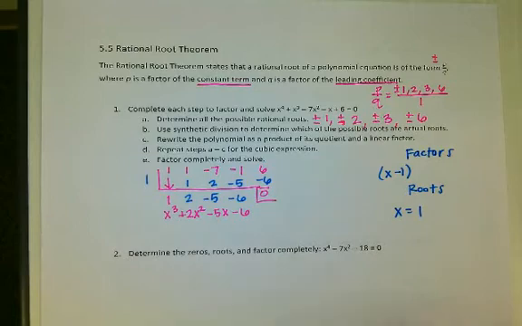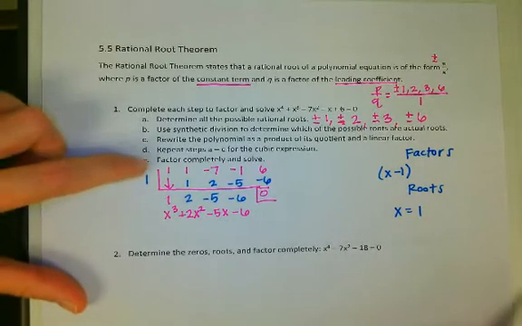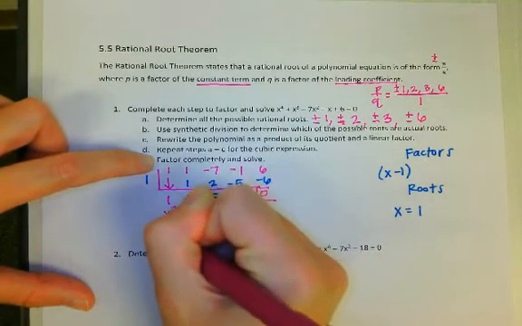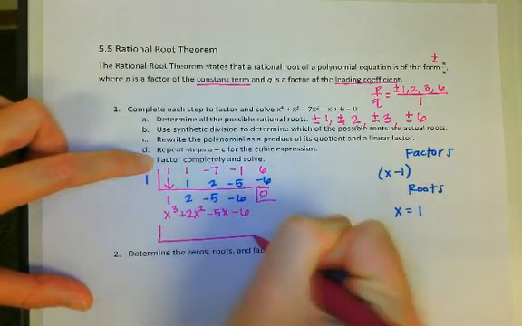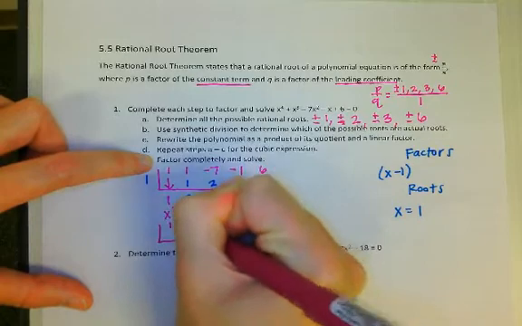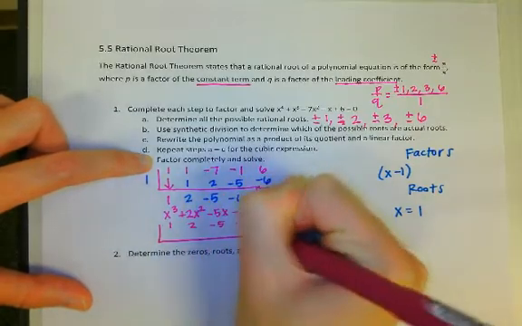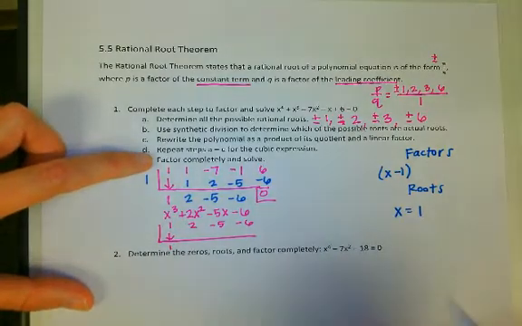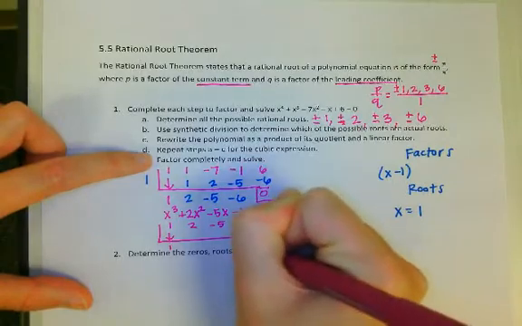So we're going to do synthetic division again to try to get it down to something quadratic that we can factor. So I'm going to set it up again: 1, 2, negative 5, negative 6. Bring the 1 straight down. I need a remainder of 0 at the end.